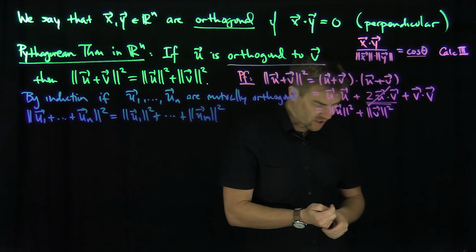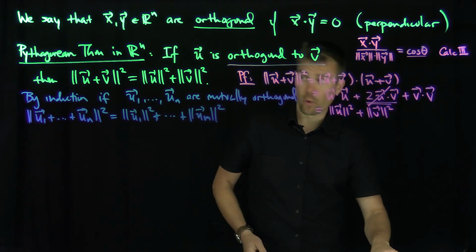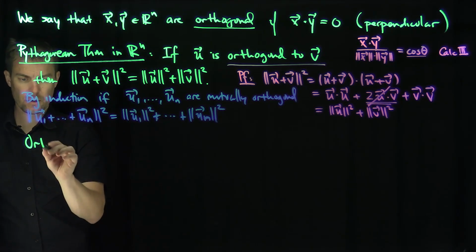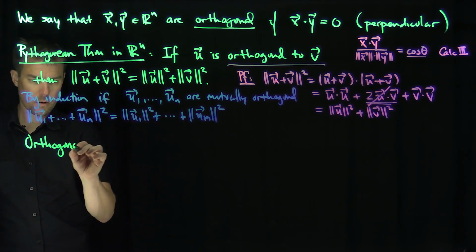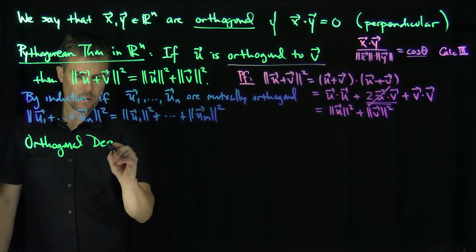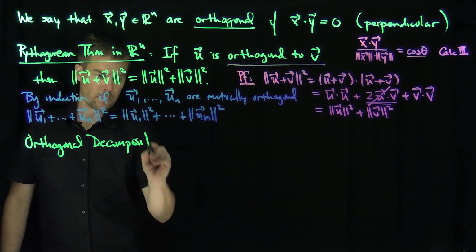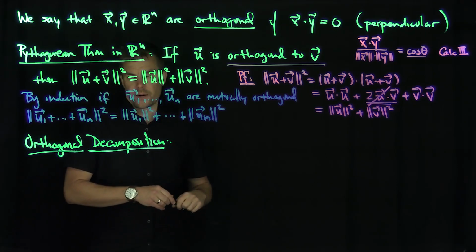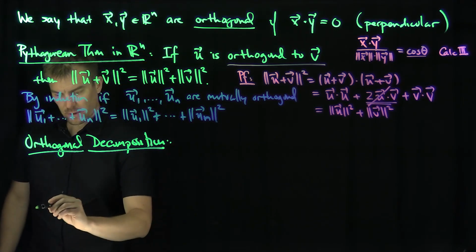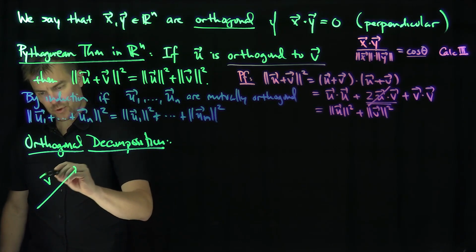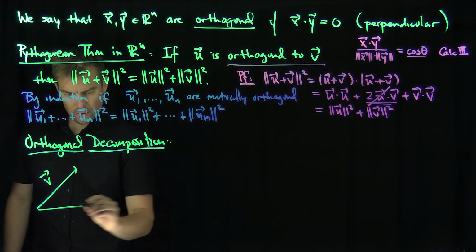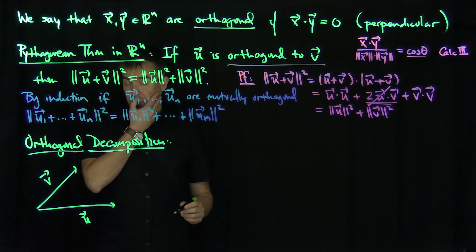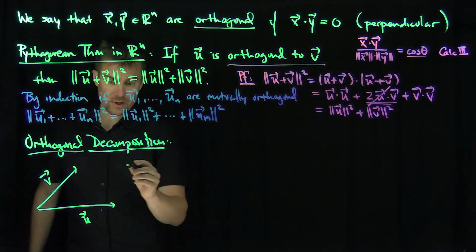The second consequence I want to talk about is orthogonal decomposition. So what I want to do now is take a vector V in my space, abstractly visualized like this, and a vector U. And I want to break V into two parts.